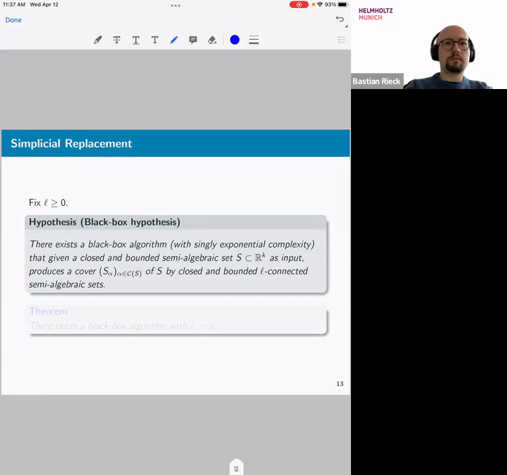By L-connected, I mean that it's non-empty, it's connected, and the homology vanishes up to dimension L, homology in dimension bigger than 0. Now, this hypothesis is not an arbitrary hypothesis, because we do know that there exists such an algorithm with L even equal to infinity. So we know an algorithm for computing a cover of a semi-algebraic set by contractible semi-algebraic sets.